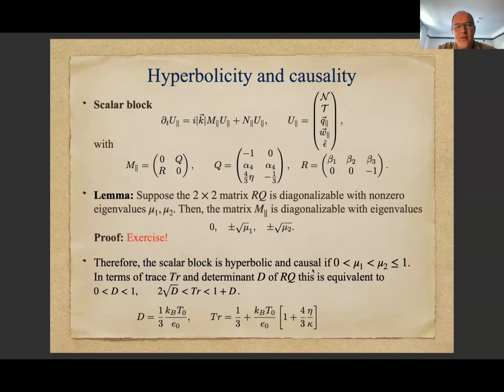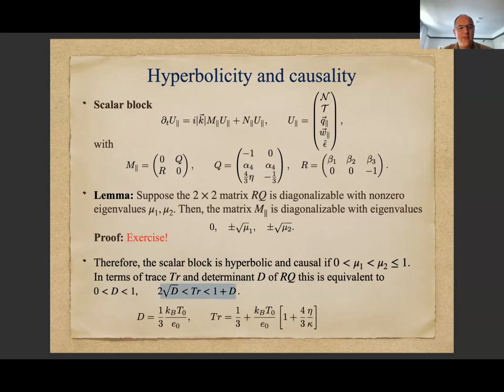Therefore, if mu1 and mu2 are the eigenvalues of the 2 by 2 matrix RQ, you can conclude that the scalar block is hyperbolic and causal if these eigenvalues are different and between 0 and 1. The eigenvalues can be written in terms of the trace and the determinant of RQ, so you can reformulate this condition by saying that the determinant should be between 0 and 1, and the trace should lie in this range.